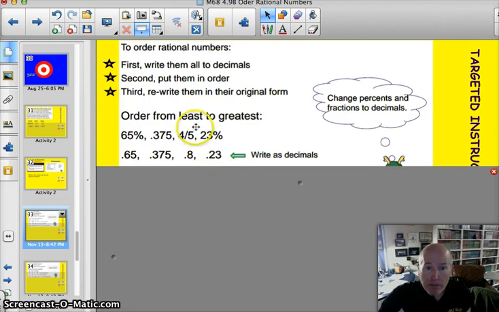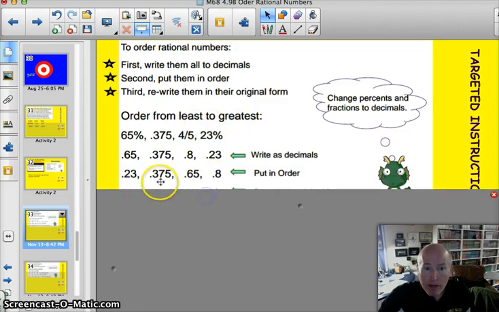Next, we need to order them. Let's double check. We want them from least to greatest. So we'll go ahead and order these up. Looks like 0.23, 0.37, 0.65, and 0.8. Instead of adding the extra zero this time, I'm going to use my old dollars and cents check. This is like 23 cents, 37 cents, 65 cents, and this would be like 80 cents because I can put that zero on there if I want.